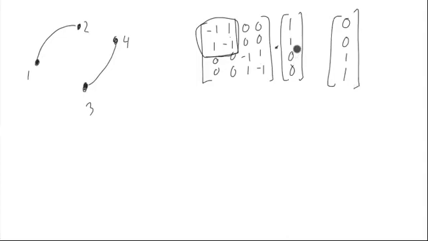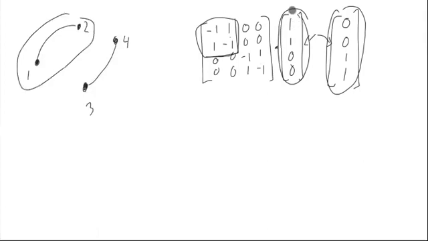And the kernel is defined as being sums of multiples of these two guys. And so you get the dimension is 2. And in particular, these define a basis which defines what the connected components are, first 2 and second 2.